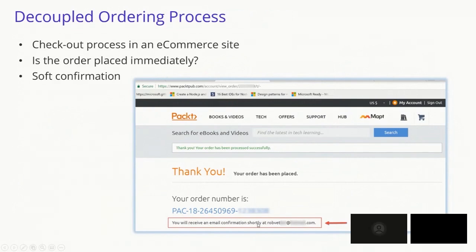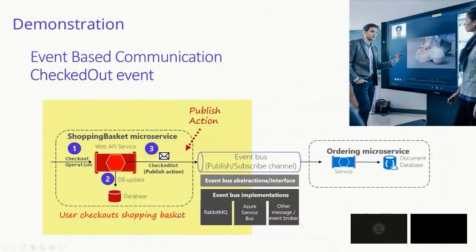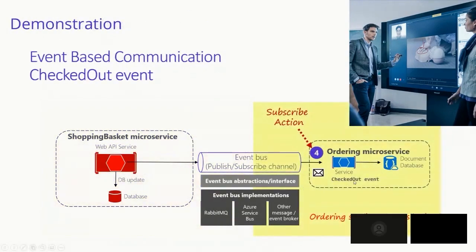So then I began to think, when I submitted this order, is it really processed? What if it's more like this? What if we check out in the shopping basket? The shopping basket publishes a checkout message to the event bus, and that's fine, and forgets about it. Then the ordering microservice subscribes to that checkout event, grabs it, and creates the order.